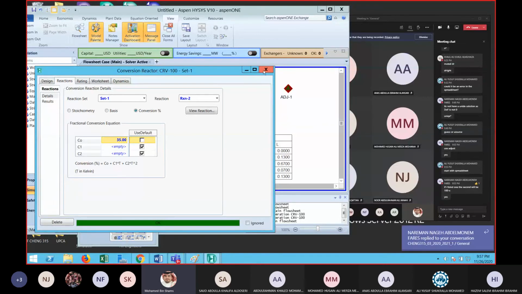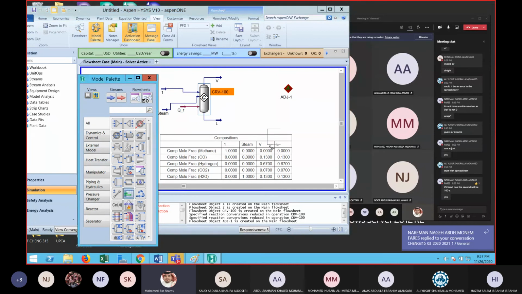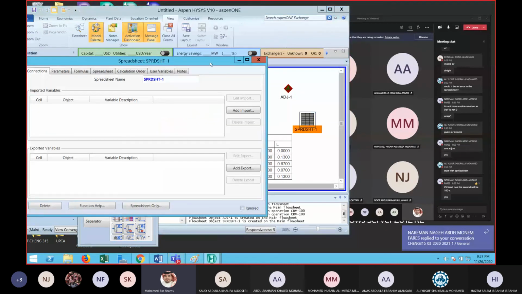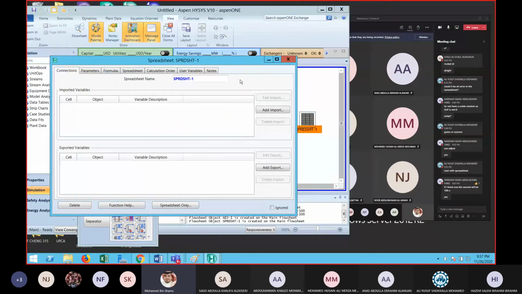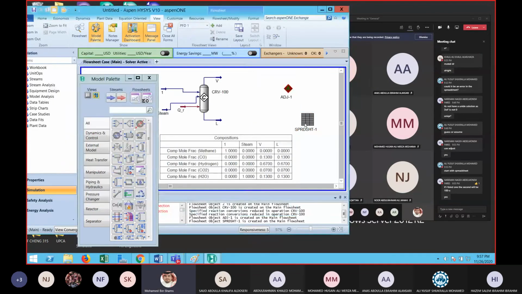Yes, so after the calculation happened in the spreadsheet, I have to kind of export the variable back to the reactor. So how can I do this?